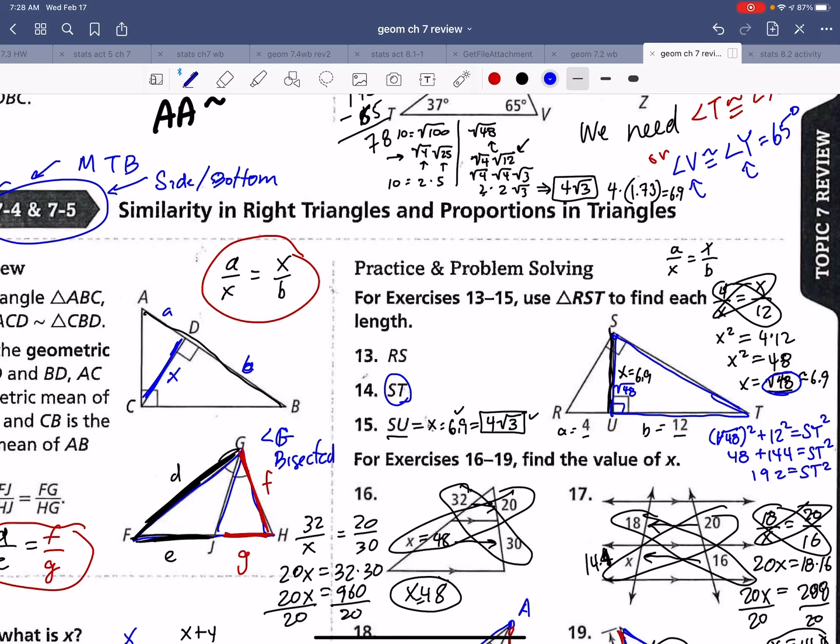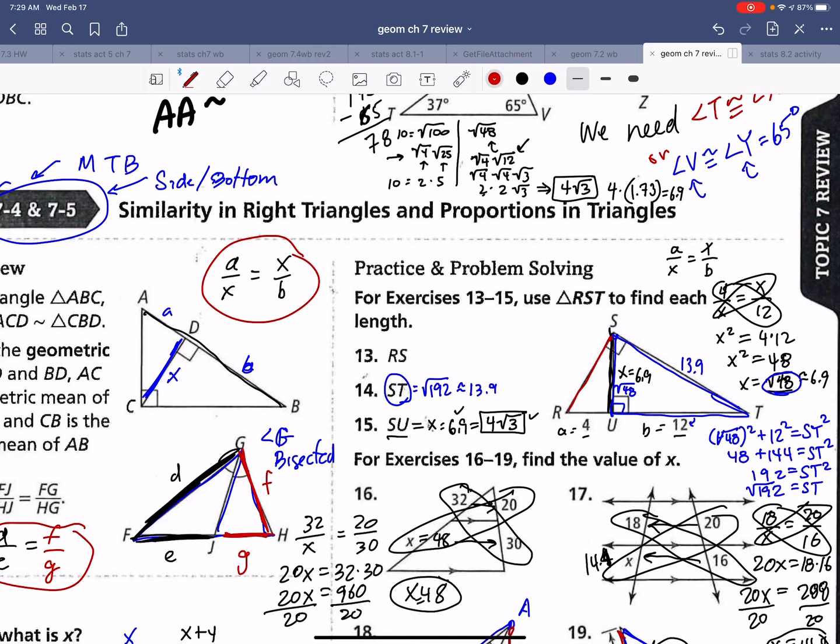So I get ST squared is 192. So the square root of 192 is the decimal 13.9. And that makes sense. If the medium side is 12, 13.9 is a little longer.